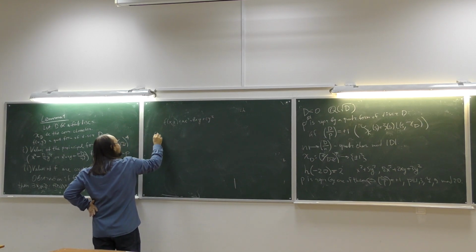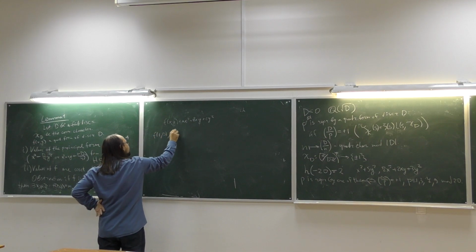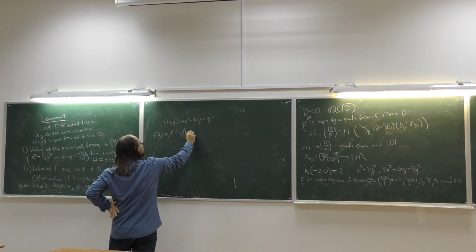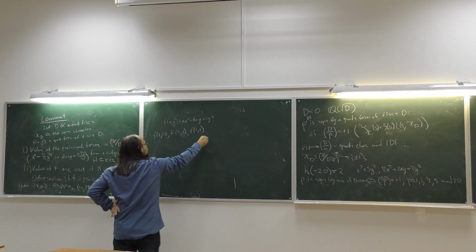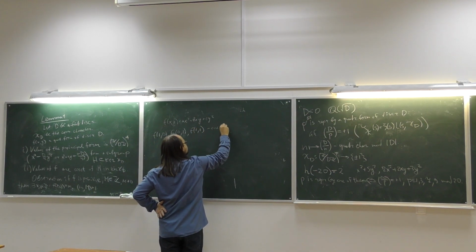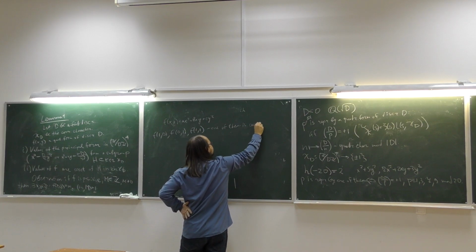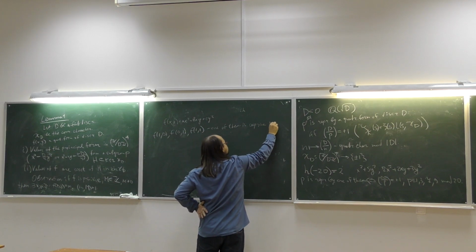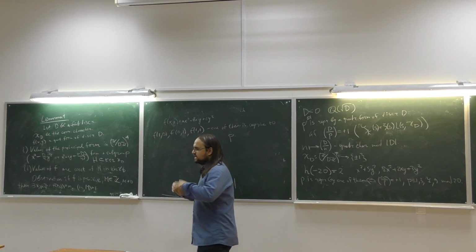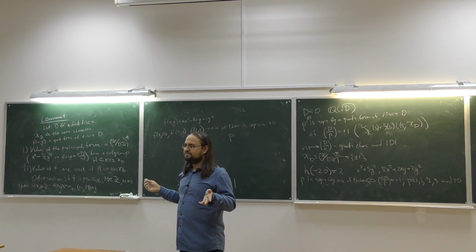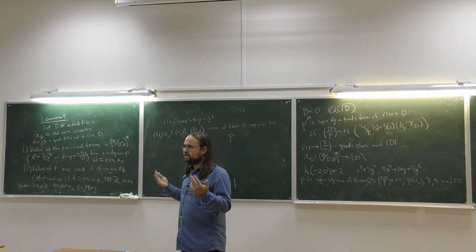Then f(1,0), f(0,1), f(1,1), one of them is coprime to p, where p is any prime number, right? Because it's a, c, and a plus b plus c. If all three are divisible by p, then a, b and c are divisible by p, and you have a non-primitive form.